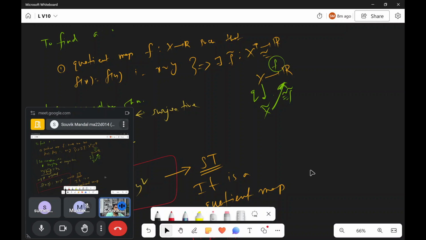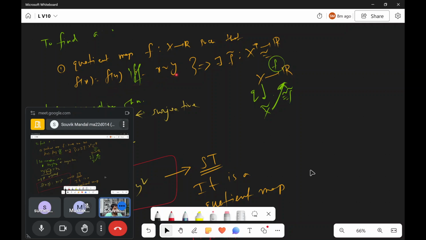We can directly show that X star is homeomorphic to the real line with the usual topology, but that will be extremely complicated, because the open sets and closed sets will not be natural there. So we use the universal property to show that the quotient space is the real line. We need to find a map from X to R satisfying f(x) equals f(y) if and only if x is equivalent to y.